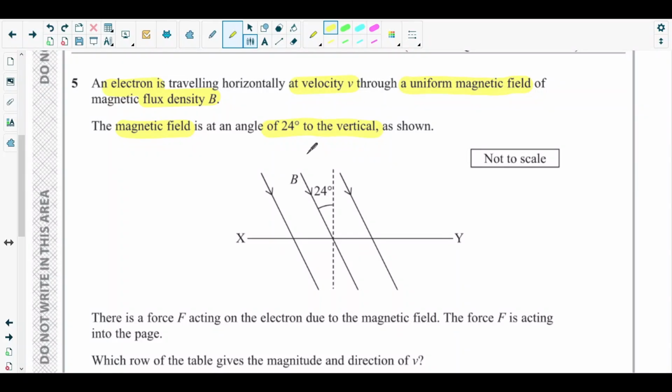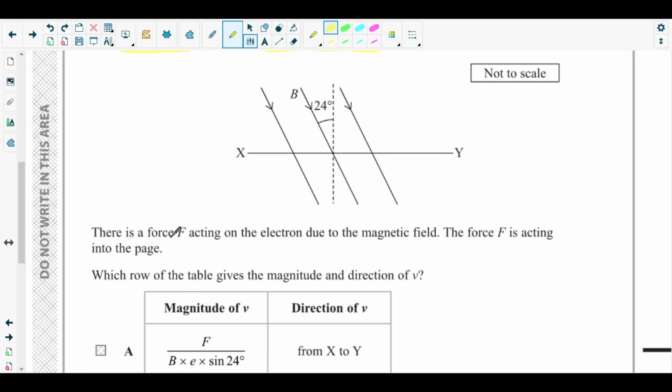There is a force F acting on the electron due to the magnetic field, and the force F is acting into the page. Which row of the table gives the magnitude and direction of v?